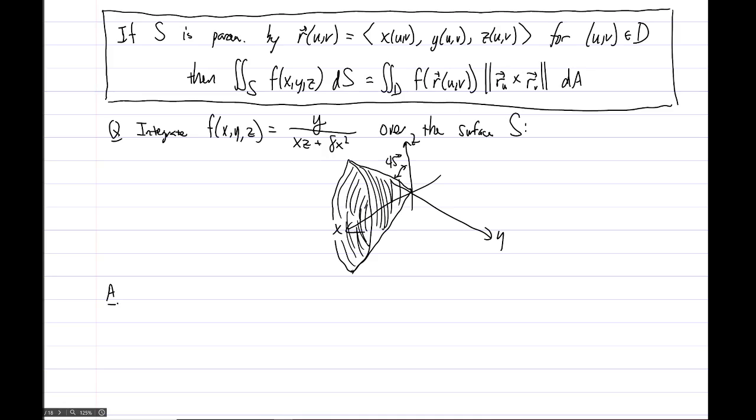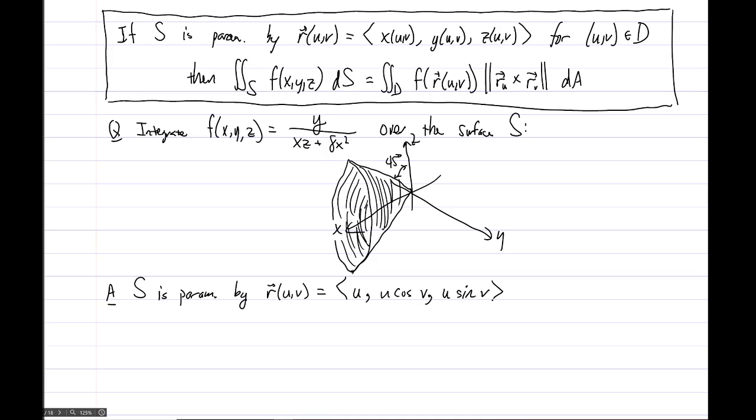Okay, so we will need to parameterize the surface. S is parameterized by, here's one option anyway, r of u comma v equals u, so the x coordinate is just u, and this u value also happens to be the radius of the circle we need, so we can go with u cosine v comma u sine v.